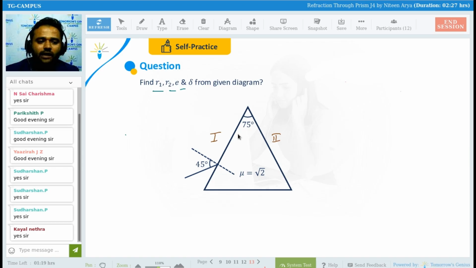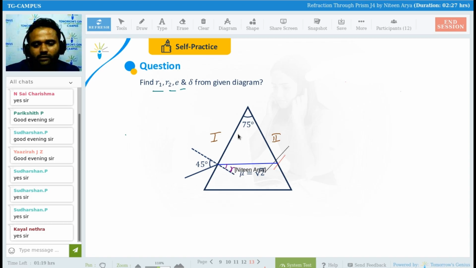A is given, I is given, R2 you can find, R1 you can find, right? The moment you can find R1, automatically you can find R2 without a doubt, isn't it? A little lower I can draw it, because this is now your normal.